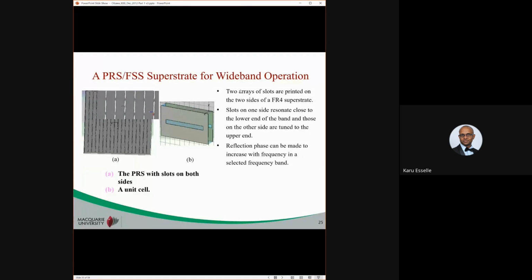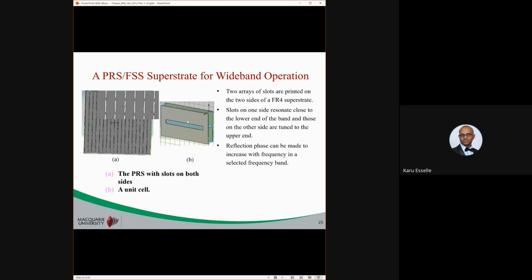So I will show you a couple of ways of getting that. One way to get that is this 2D FSS type superstructure, printed dipoles or slots. In this case, the superstructure is a dielectric slab with metal on both sides, but we etch slots on both sides. So it's a slot array, 2 slot arrays on the top surface and the bottom surface.